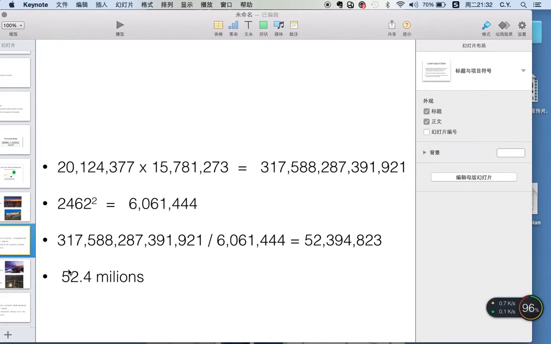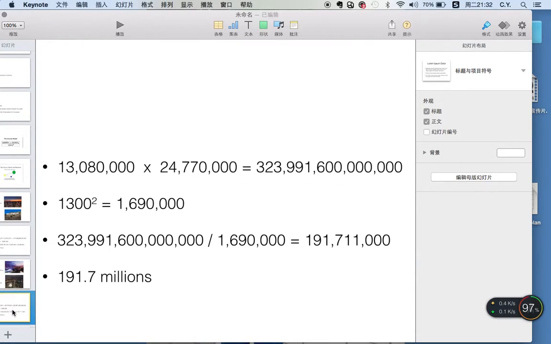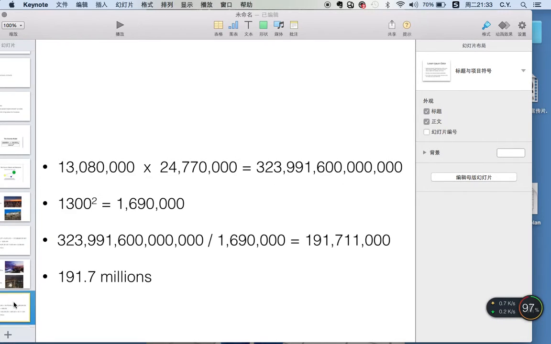Yes, and let us consider two cities which are almost the same size but closer. Let's see what will happen. We consider Guangzhou and Shanghai. Look at those two pictures, two modern cities. This is the population of Guangzhou, and this is the population of Shanghai. We multiply them together to get a number which is not far from this number.